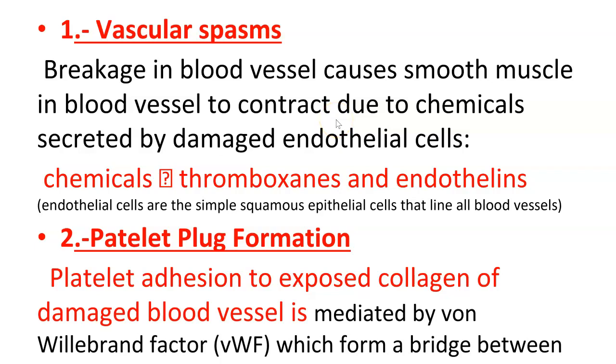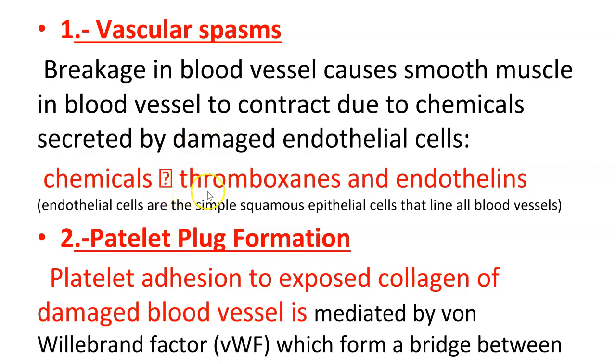So remember that step 1 was vascular spasms. The damage in the blood vessels will result in smooth muscles in the blood vessels contracting due to chemicals secreted by the damaged endothelial cells of the blood vessels.